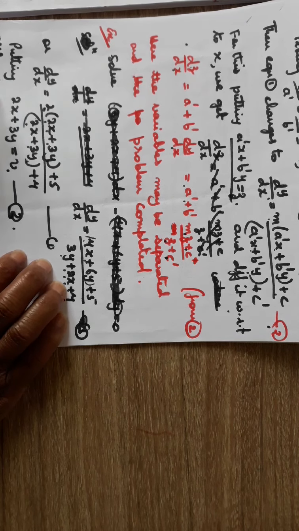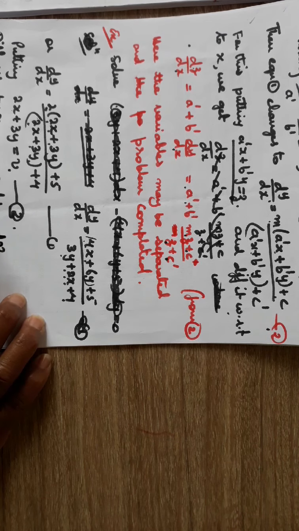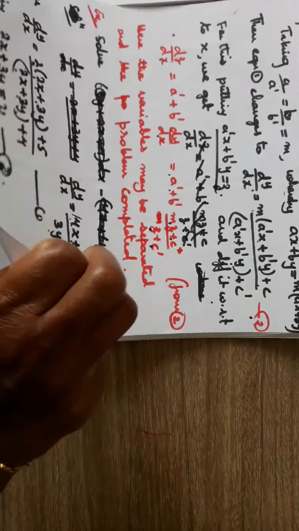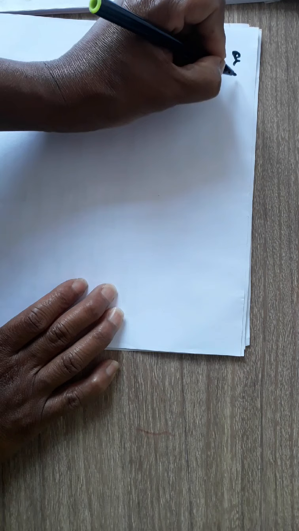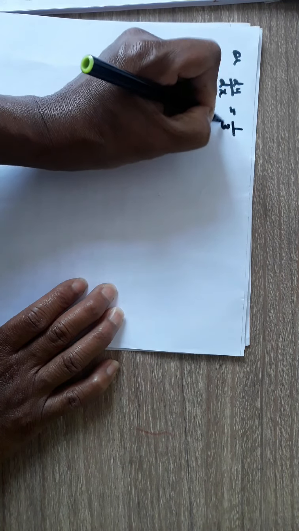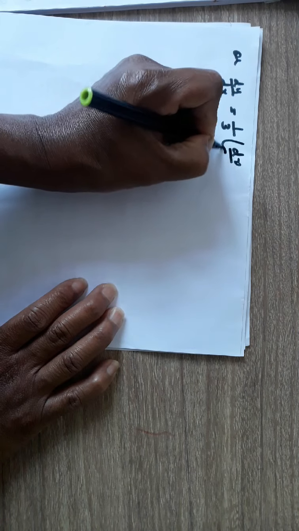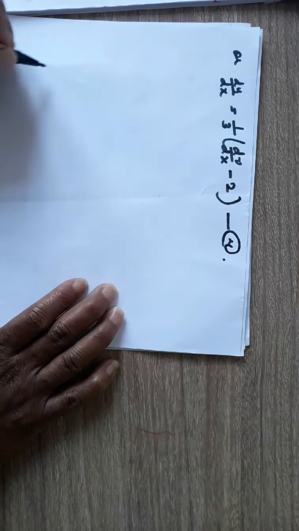Differentiate this with respect to x. We get 2 plus 3 into dy/dx equals dv/dx. So dy/dx is equal to 1 by 3 of (dv/dx minus 2), and name this as equation 4.